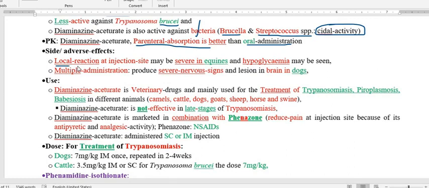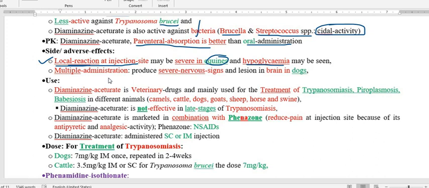Parenteral administration is better absorbed as compared to oral absorption. But the problem with this drug is that it produces a local reaction at the site of injection, particularly in equine. In equine, it leads to hypoglycemia as well as a local reaction at the injection site.